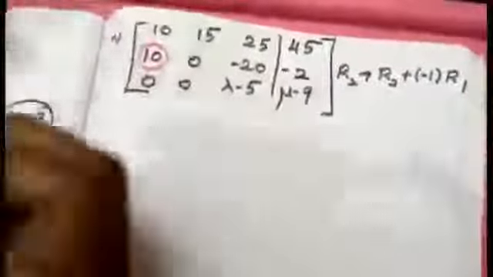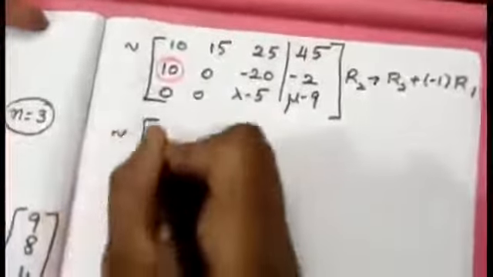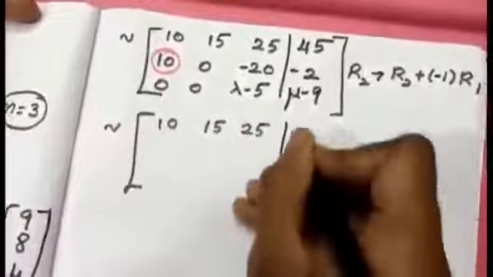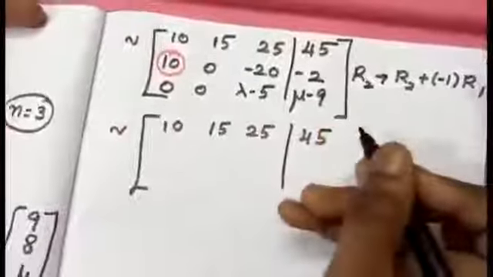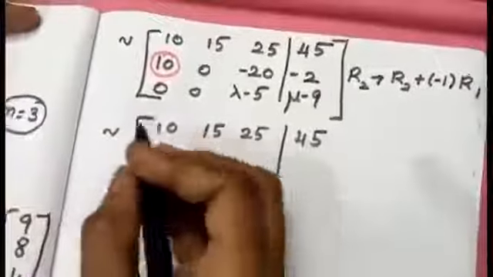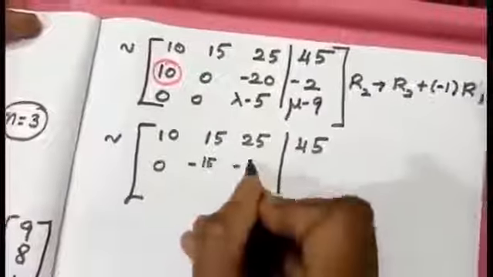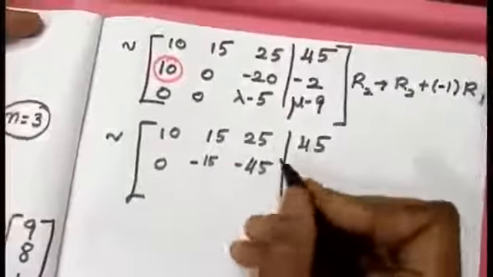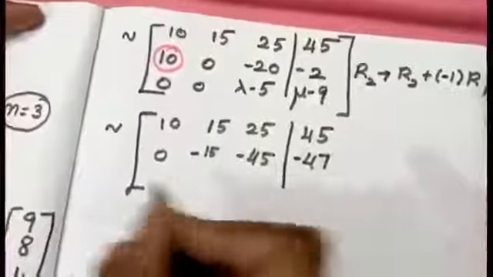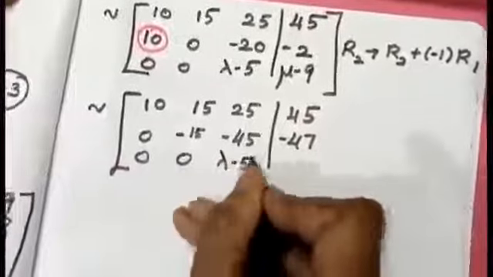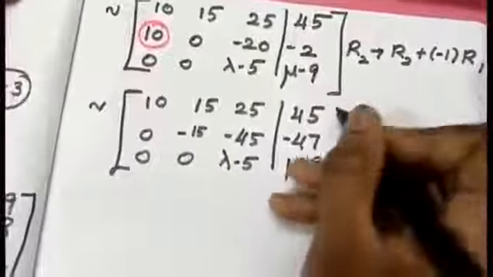That is 10, 15, 25, 45. And the second row will be 0, minus 15, minus 45, minus 47. The last one is 0, 0, lambda minus 5, nu minus 9.